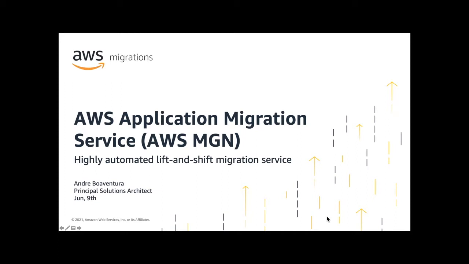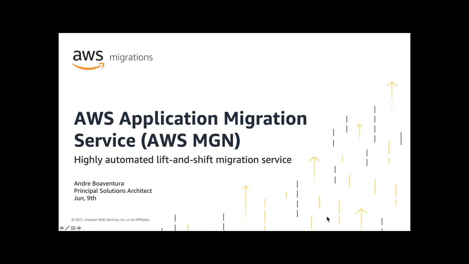But on top of that, it brings out-of-the-box integration with some AWS services that Cloud Endure didn't have. And I'm going to be explaining a bit more on how it looks.